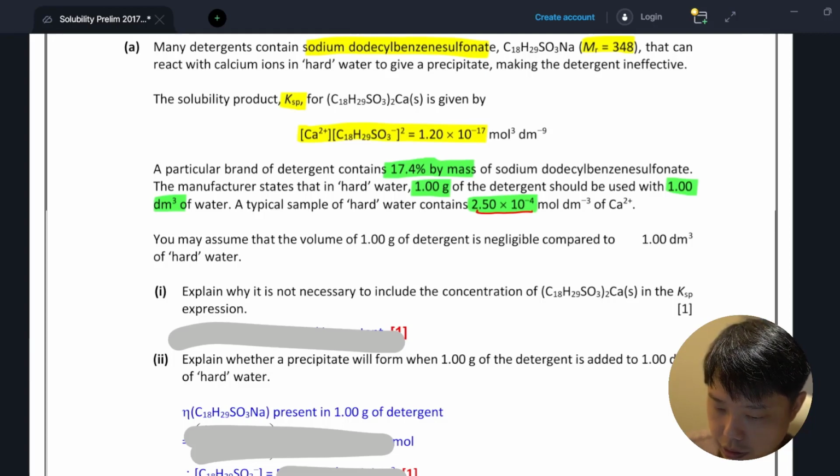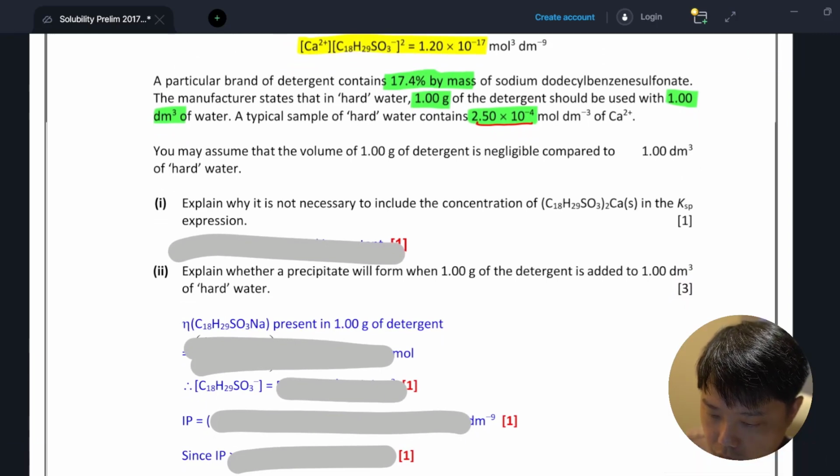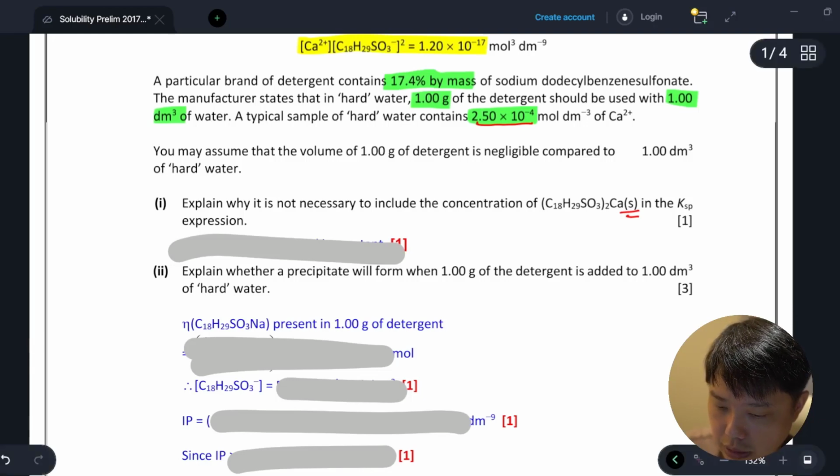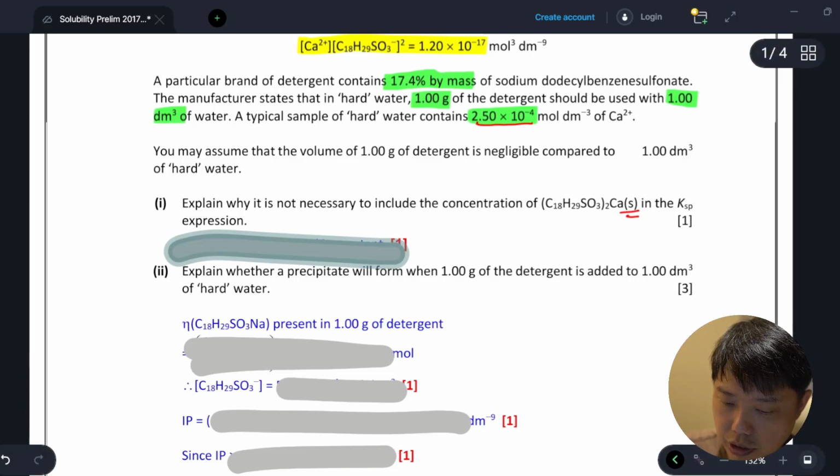Alright, so that's the question. Part 1, explain why it is not necessary to include the concentration of this solid in the Ksp expression. Most of you will know the answer because for pure water and pure solid, their concentration is constant.